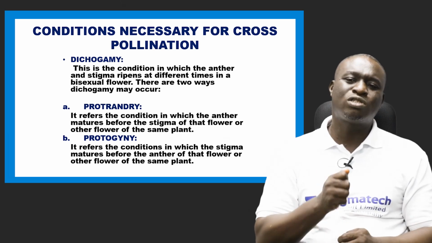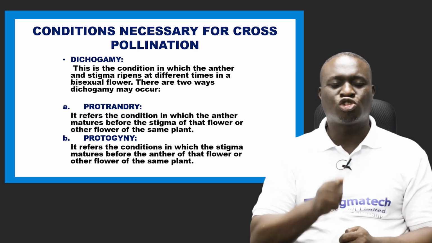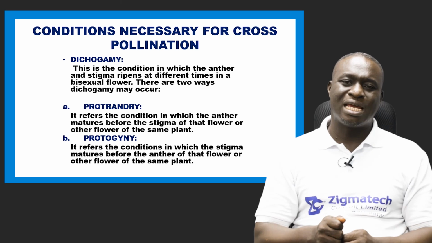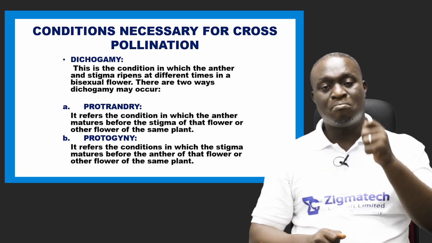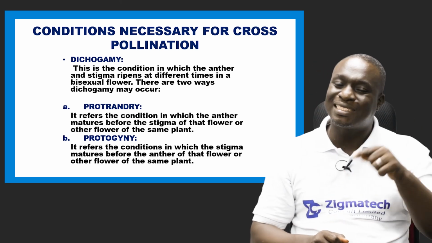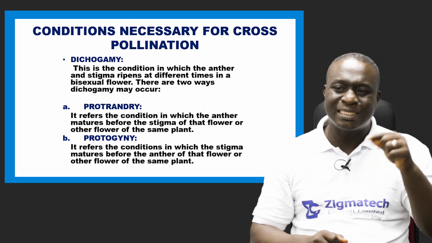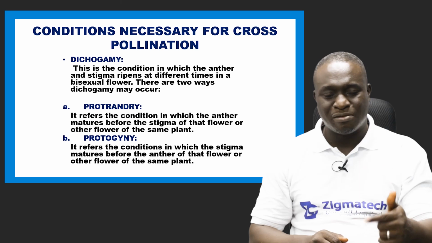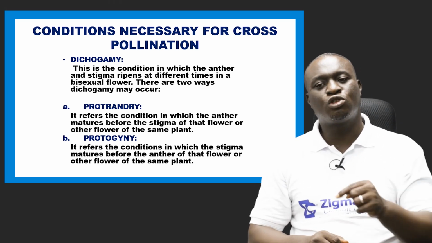We have two types of dichogamy. One is called protandry. Protandry is the condition in which the anther matures before the stigma of that flower. The second one is called protogyny.